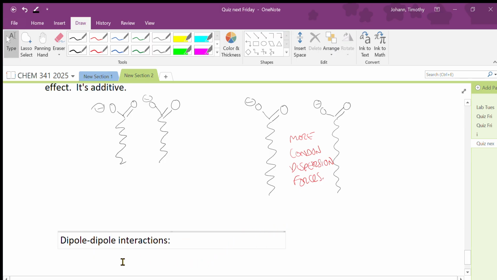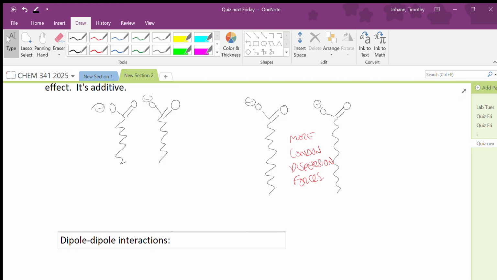Permanent. They're actually permanent because we've got one atom that's more electronegative than the other, so you've always got more charge over here. It might vary a bit, and it probably does, just like the London dispersion forces, but that difference in charge is big enough that it's always present regardless of some electron movement.